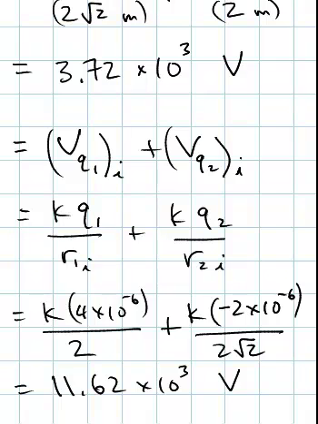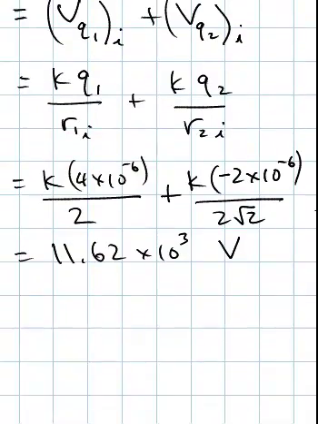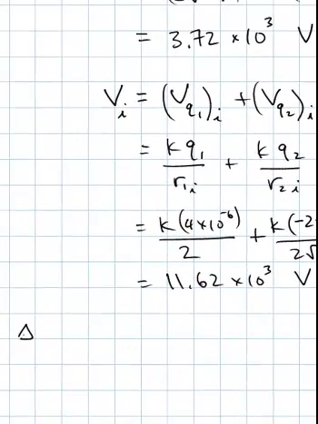Now we want to take our difference between these two, delta V, V final minus V initial. And I always like to think about this for a minute. Are we going from high potential to low potential, or low potential to high potential? We're starting out at 11.6 kilovolts and ending up at 3.7 kilovolts. So we're going from high potential to low potential.